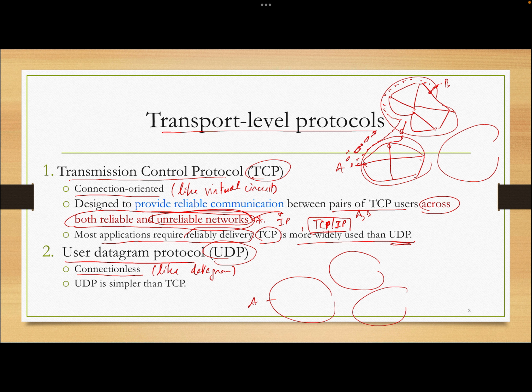In this case, suppose A is here and B is here, and you have a network like this. The first packet may go this way. You don't set up a connection. The first packet may go this way, but the second packet may go this way.